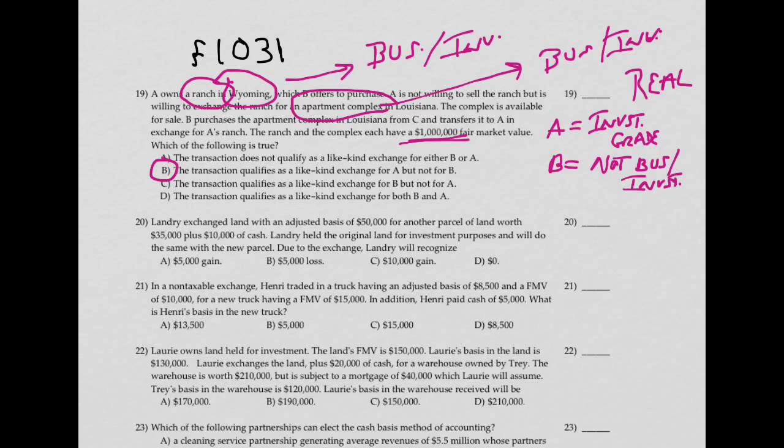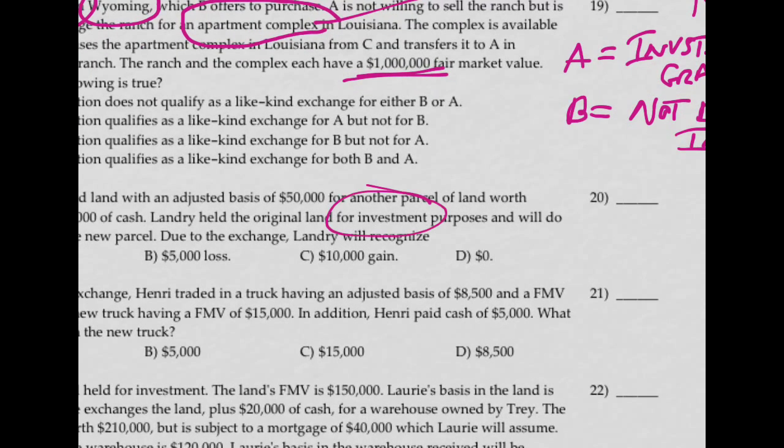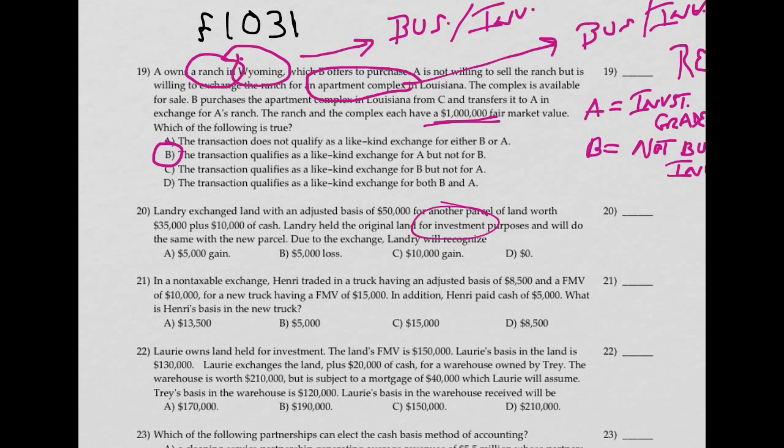Problem 20. Landry exchanged land with an adjusted basis of $50,000 for another parcel of land worth $35,000 plus 10. Landry held the original land for investment purposes, so that's good. Means that we do have the first part of our question, whether we have a like-kind exchange or not. We've got property held for that investment or business purpose.